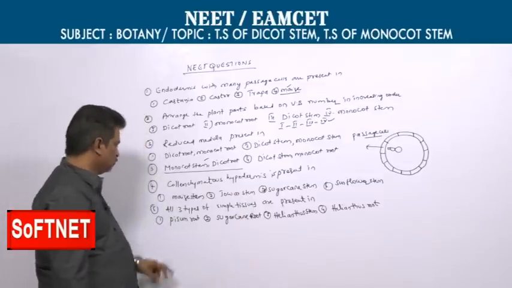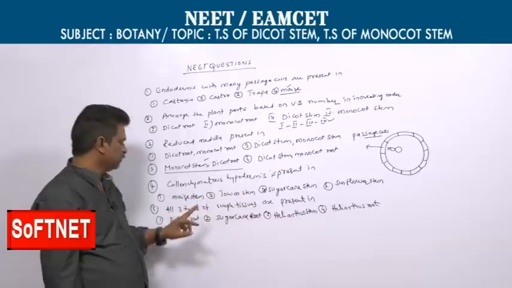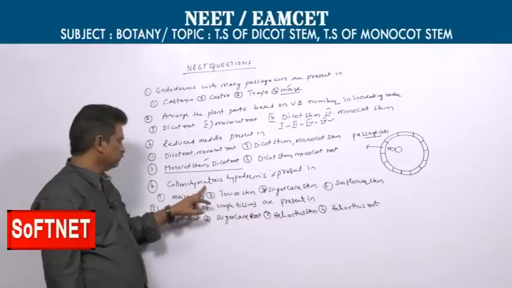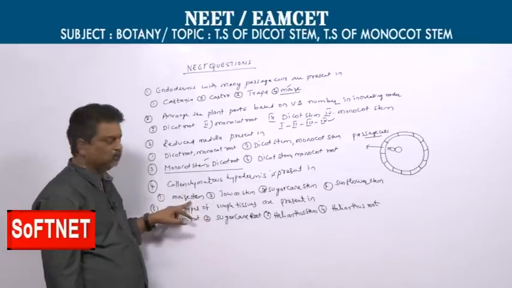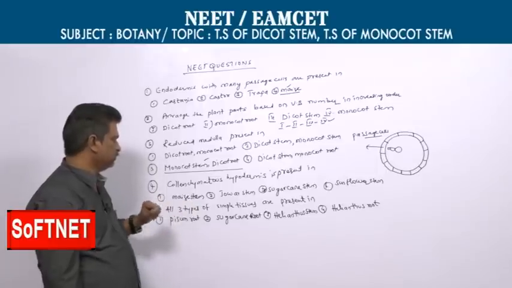Then, collenchymatous hypodermis is present in... remember, collenchyma is absent in monocot stem and roots of all plants. So, first option maize stem, maize means monocot, so collenchyma is absent.